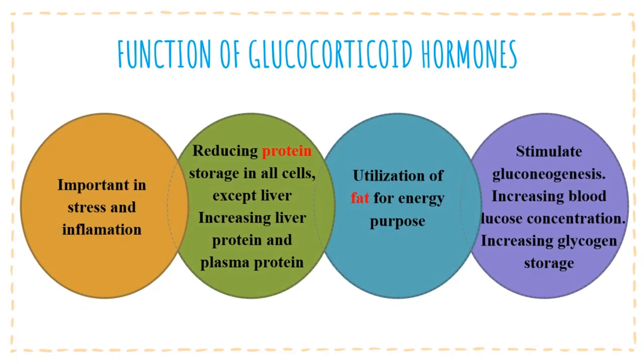Important in stress and inflammation, reducing protein storage in all cells except liver, increasing liver protein and plasma protein. Utilization of fat for energy purposes. Stimulate gluconeogenesis, increasing blood glucose concentration and increasing glycogen storage.